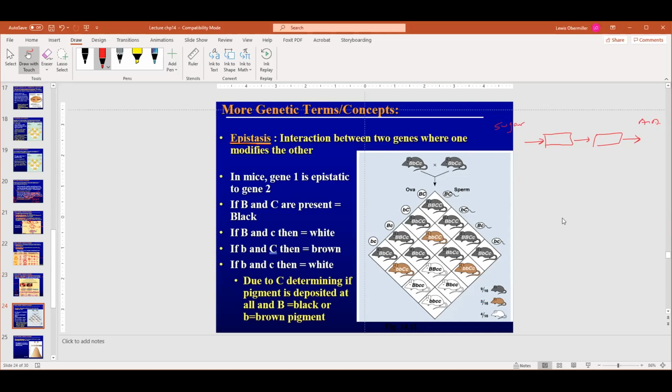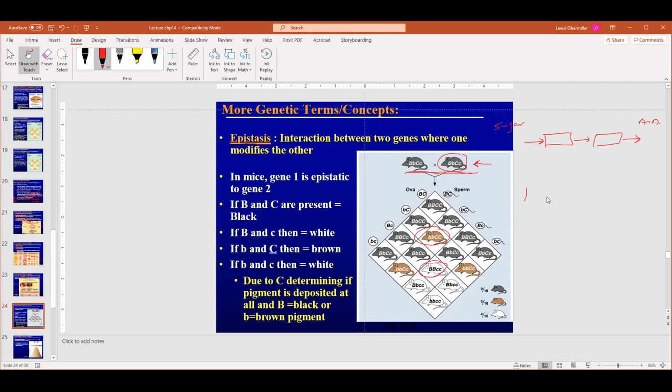And so these genes are in a pathway, kind of like an assembly line. So in this case, the example here is for mice color, but it also is valid for dogs, like labs, where they can come in black or brown or white.